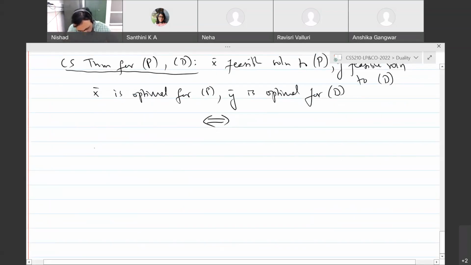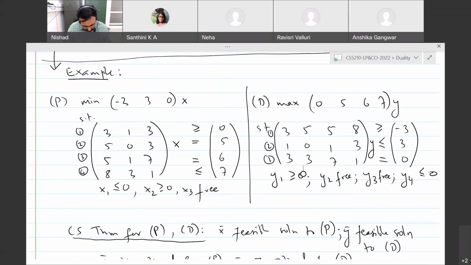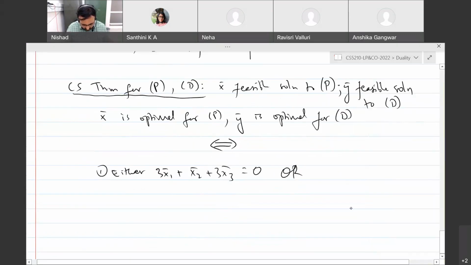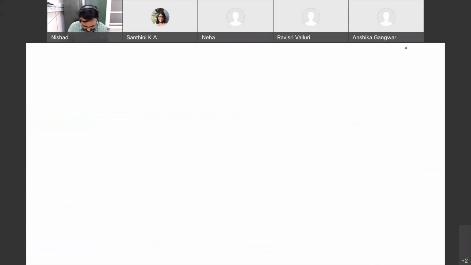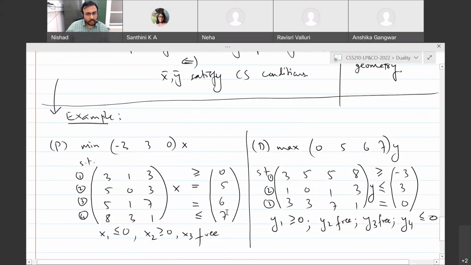So either 3x1 bar plus x2 plus 3x3 bar equals 0, or the dual variable corresponding to this constraint, y1 bar, is equal to 0. Sorry, my OneNote is hanging.